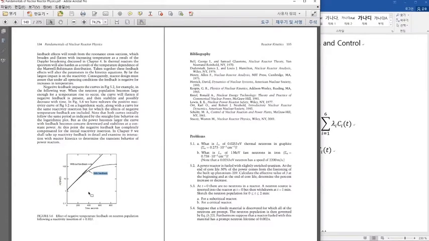And after that, we are going to also consider some mid-term treatment or management of reactor power and long-term management of reactor power. So this is a very brief review of chapter 5 that we have studied in our previous 3 weeks.